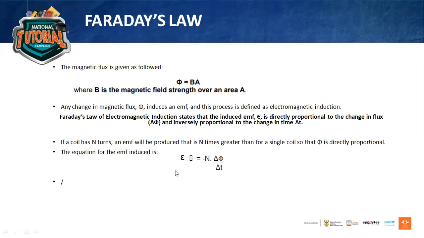So the equation of the EMF induced is stated as follows: your induced EMF is equal to the number of turns times the change in flux over the change in time. If you know this equation, you can explain Faraday's law of electromagnetic induction. Even if you forget it, check your formula sheet at the back and you'll see the sign, and you'll be able to define electromagnetic induction.